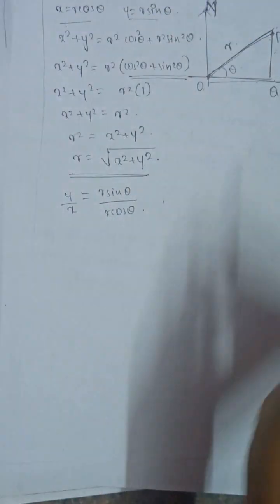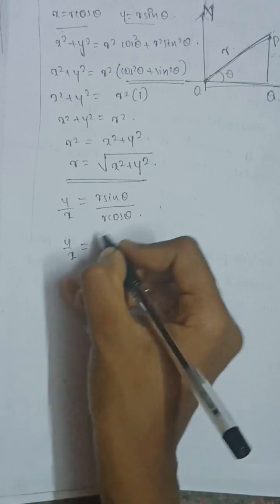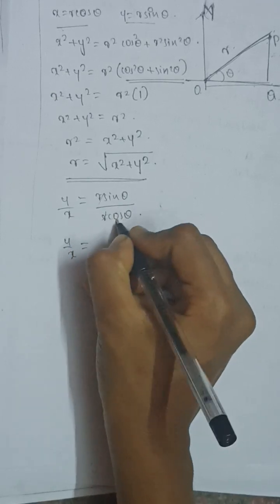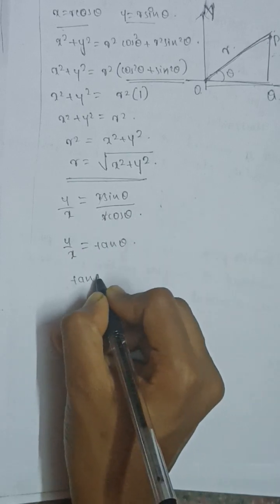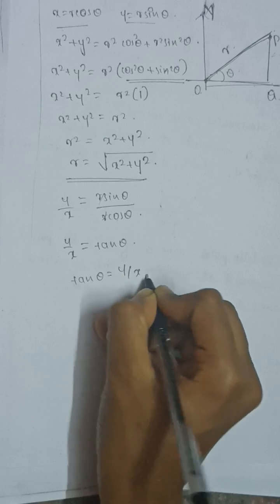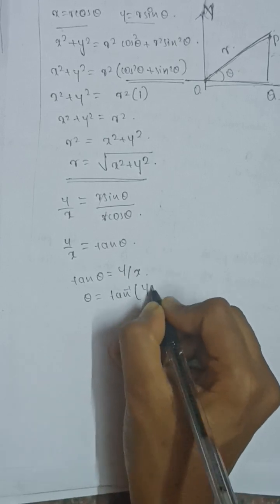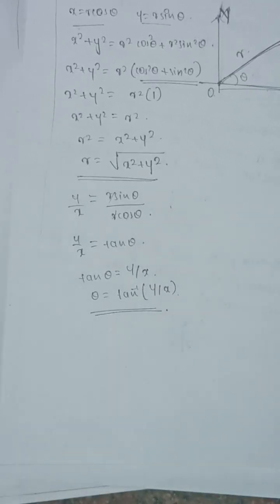The r gets cancelled, and sin by cos is tan theta. So tan theta equals y by x, and theta equals tan inverse of y by x.